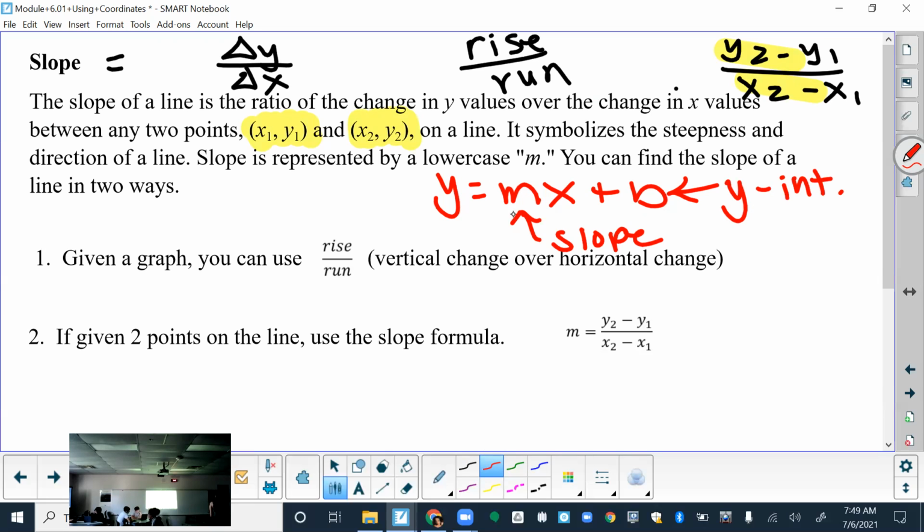So good. m is your slope, b is your y-intercept. x and y will normally stay x and y, but if you ever need to plug something in, it's going to be an x or y value that's on the line, right? So again, if you're given a graph, you can probably just count the rise over run to find the slope. If you are given two coordinates, this one's probably better.